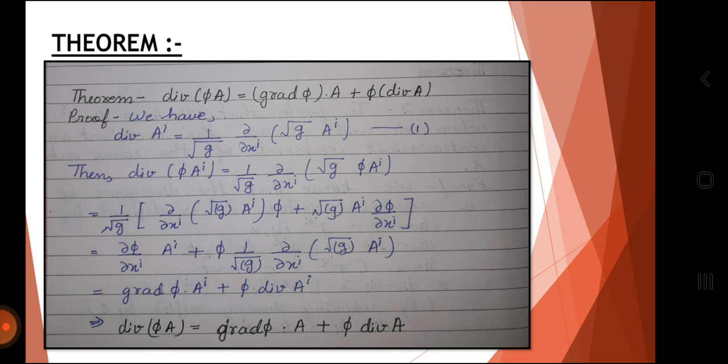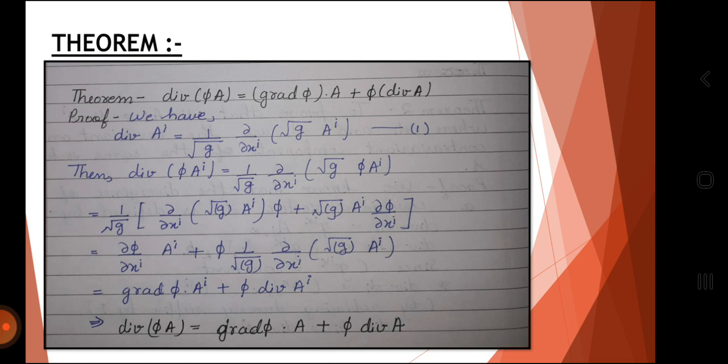Consider it equation 1. So divergence of phi A^i equals 1 upon under root g del upon del xi in the bracket under root g phi A^i, which equals 1 upon under root g whole bracket del upon del xi under root g A^i phi plus under root g A^i del phi upon del xi.